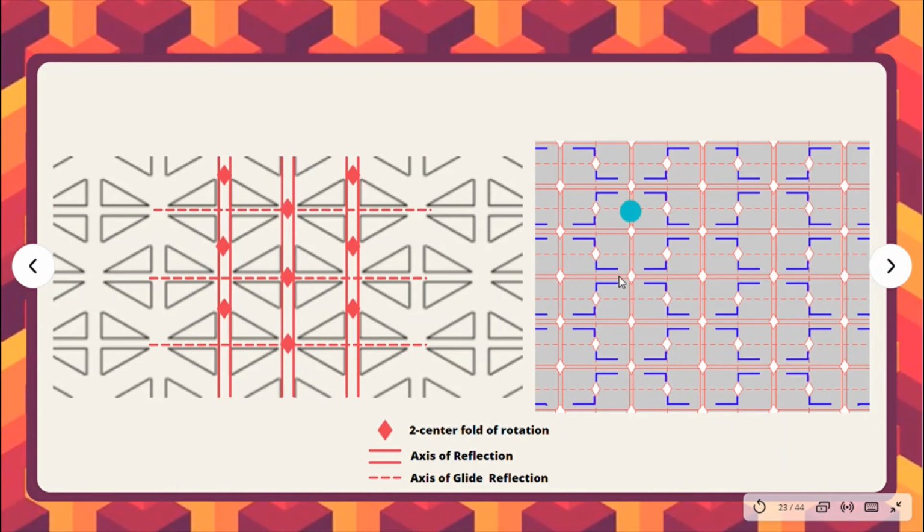If you base it on this diagram, we can see that these 2 triangles here are rotating around the fixed point here. And it is also being reflected horizontally here and vertically as well, which forms this type of pattern.